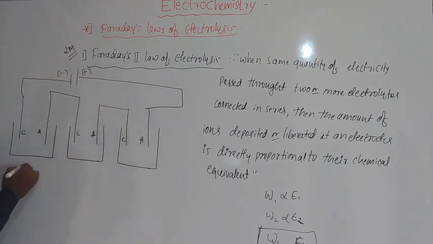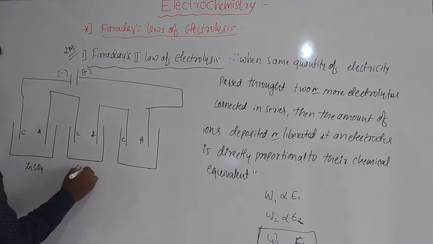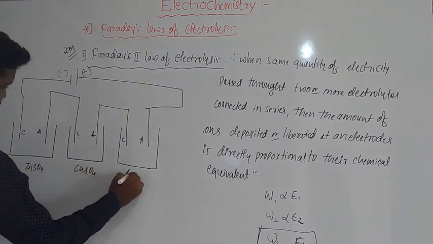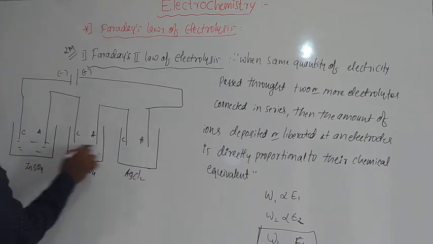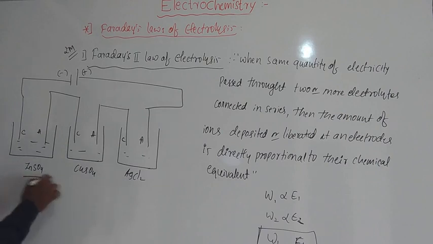For example, you can consider this is ZnSO4, this is CuSO4, this is AgCl2. This means the electrolytes I am going to take in this series are ZnSO4, copper sulfate, and AgCl2.